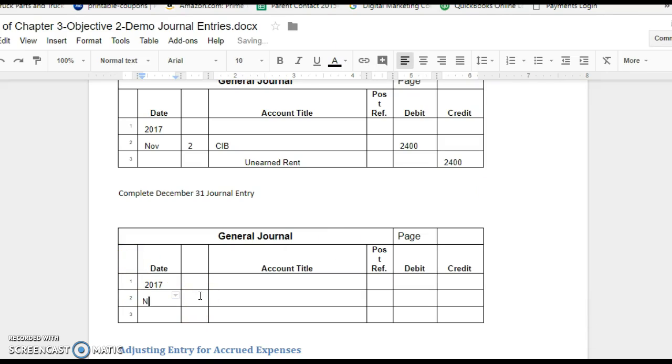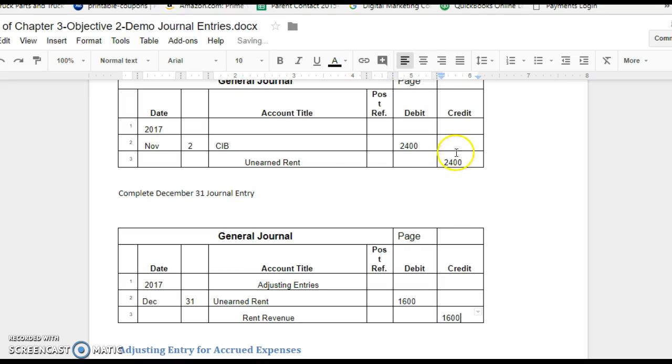So on December 31st, again, go ahead and write adjusting entries. We've actually earned, so we're going to take it out of our unearned rent. 1,600 has been earned, and credit your rent revenue.